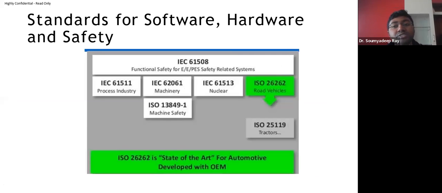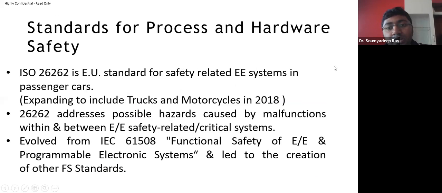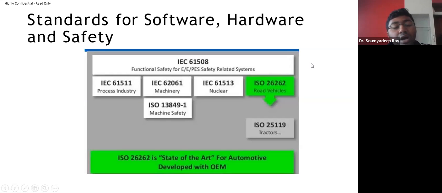I just want to ensure that these are some safety standards for software and hardware. Basically, for electrical functional safety, the safety related standard is IEC 61508. This is the mother of all standards. From here, for road vehicles, ISO 26262 is defined.